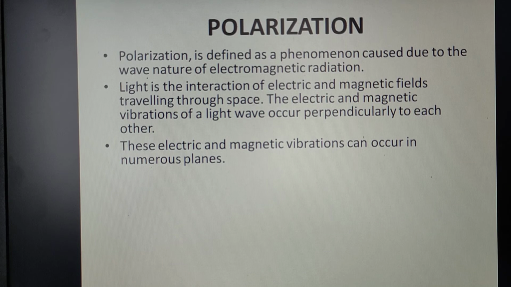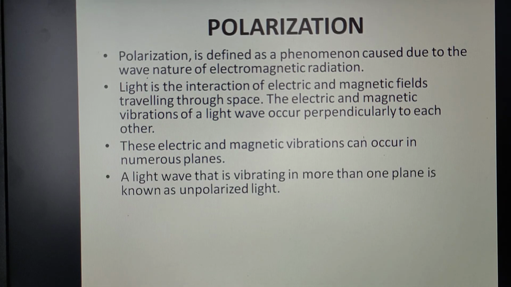Each electromagnetic wave has electric and magnetic fields, and due to these fields, numerous planes are generated because there is light in all directions. So for every light that is being sent, there are numerous electric and magnetic planes.